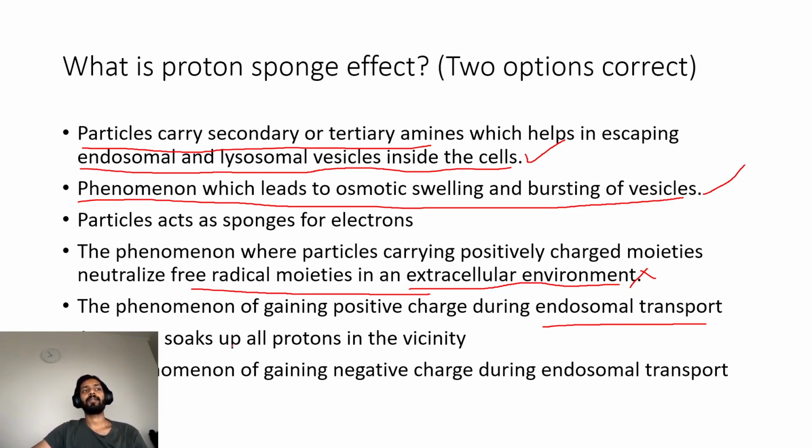And it's also not a sponge that soaks up all protons in the vicinity. Although mechanistically it is probably what is happening, it's not a sponge that soaks up protons in the vicinity, and it's also not the phenomenon of gaining negative charge during endosomal transport. So the correct answers seem to be particles that carry secondary or tertiary amines, which help in escaping endosomal, lysosomal vesicles inside the cells, and the phenomenon which leads to osmotic swelling and bursting of vesicles.